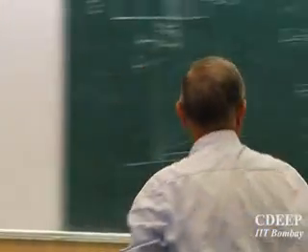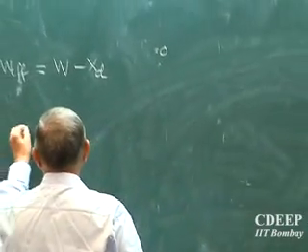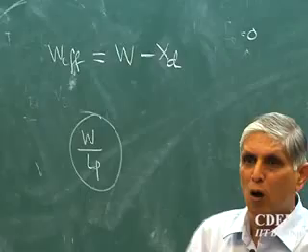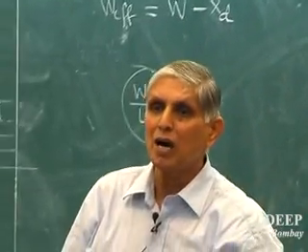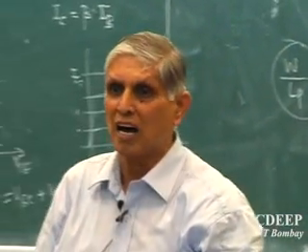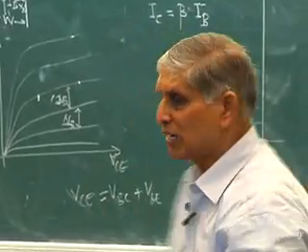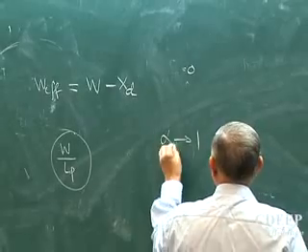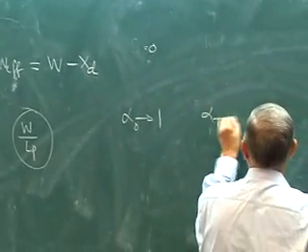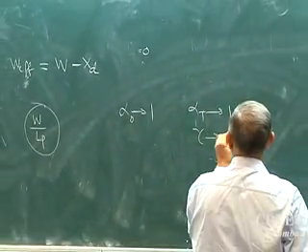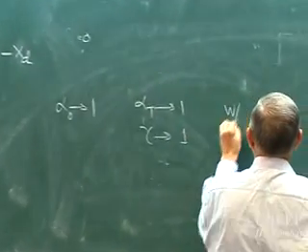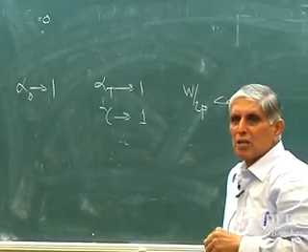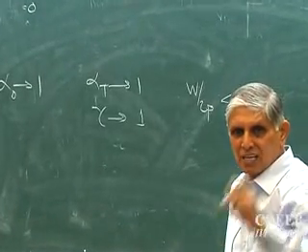You recollect what I was talking about yesterday: the smaller the W by LP ratio, the closer gamma and alpha T both are to 1. Yesterday we discussed that alpha T will tend to 1, and gamma will tend to 1, if W by LP is much smaller than 1. Is that clear?